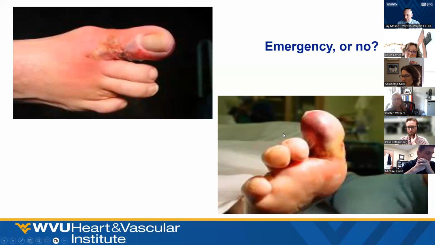This is more bluish hue, wounds, erythema. And this would be another example of a wet gangrene. This is a bad situation.